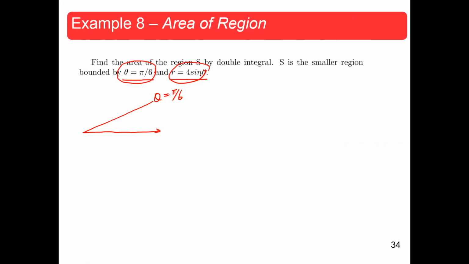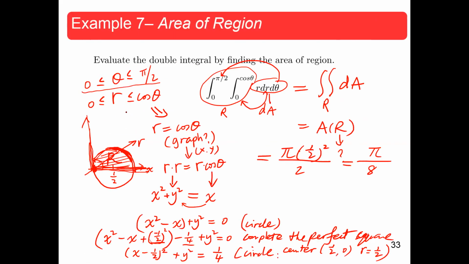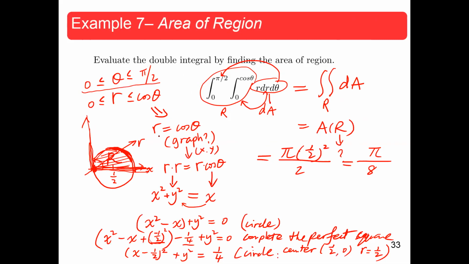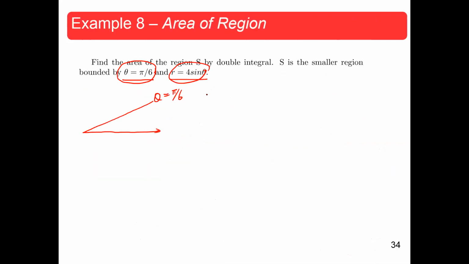You may have noticed that this is similar to the one we had in example 7, where r equals cosine theta. Now it's r equals 4 sine theta. So we need to do the similar conversion from polar to Cartesian for us to better look at the graph. All right, so we're going to convert to Cartesian xy.